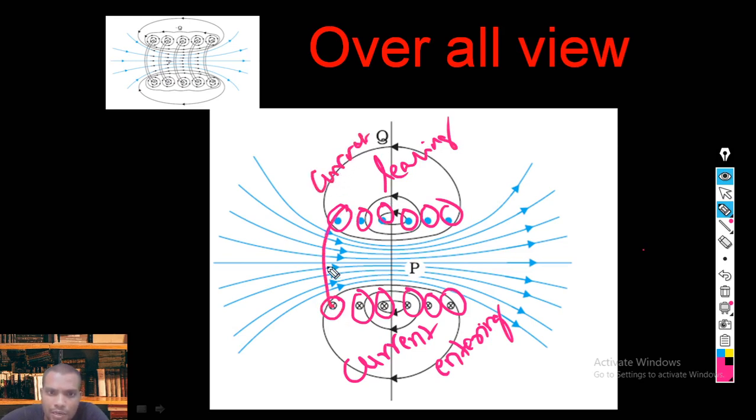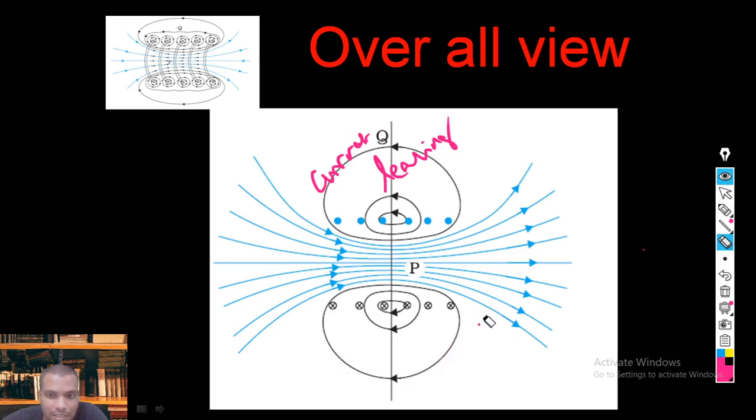Now if you draw the current direction of that coil, why? Because I am stressing the current direction. If the current direction is changed, the magnetic field direction also changes. And a very important point I need to stress here: between the rings, or between the coils, the magnetic field goes to 0.